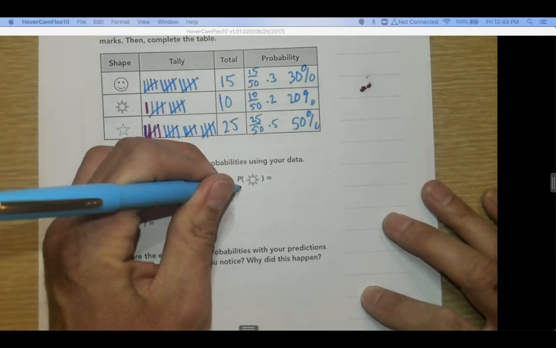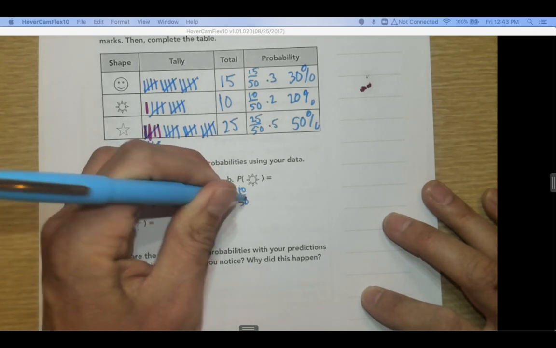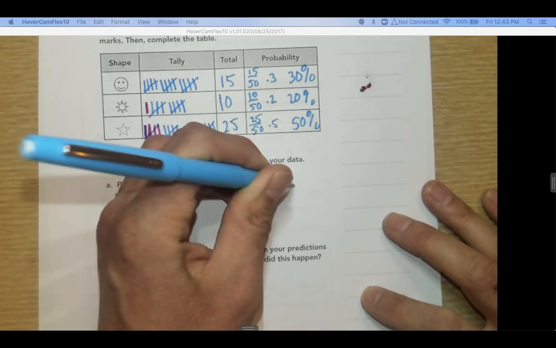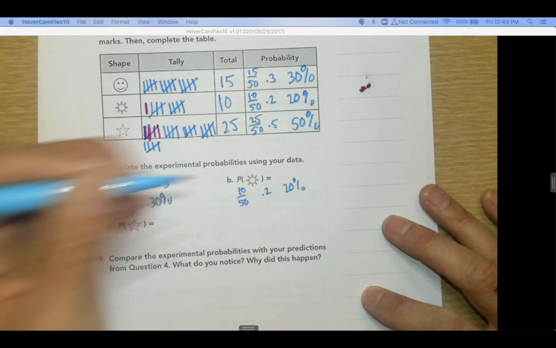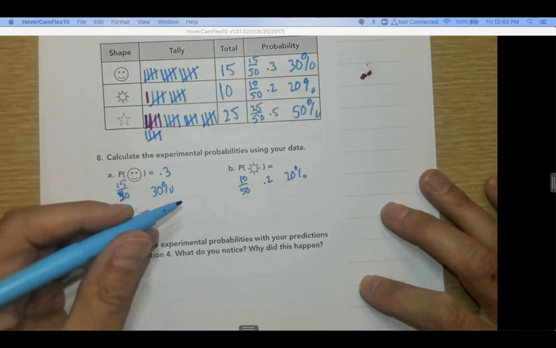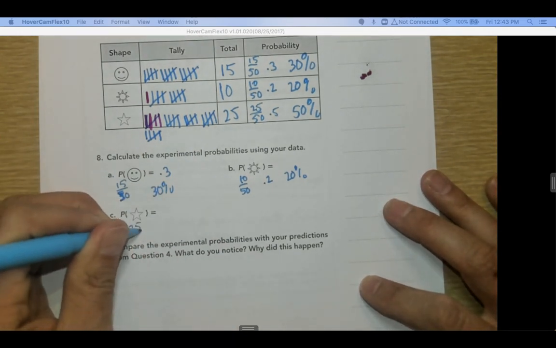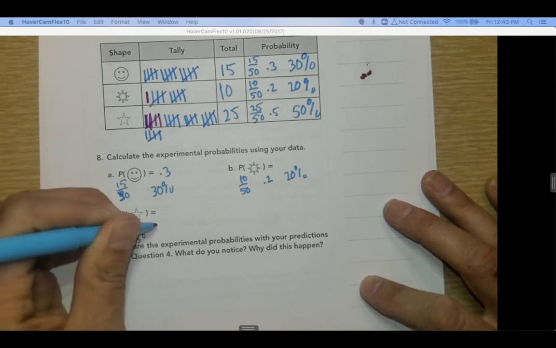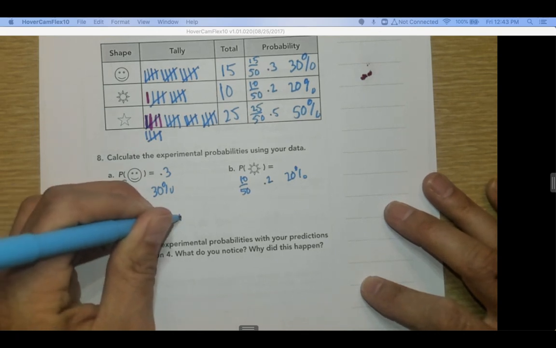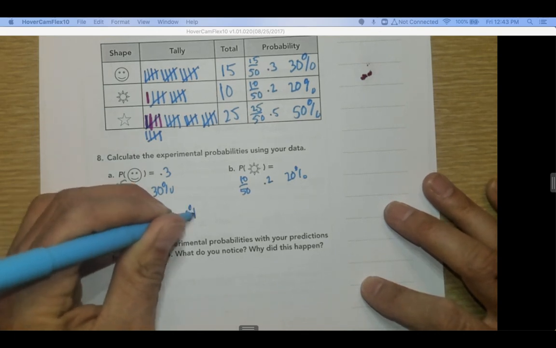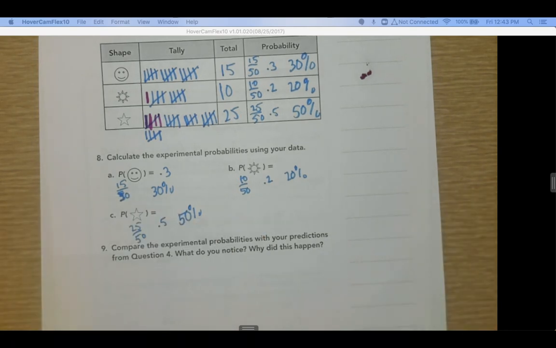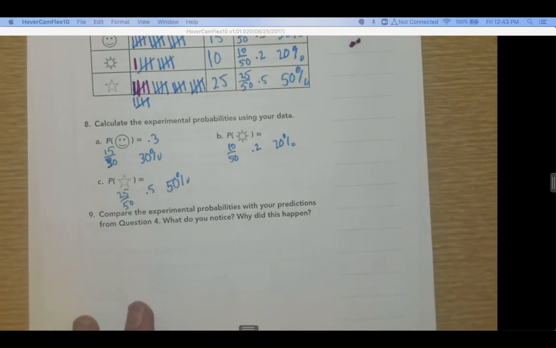The sun was 10 out of 50, which would be 20 out of 100, or 0.2 or 20%. Then the star was 25 out of 50, which would be 50 out of 100, which would be 0.5 or 50%. And then they add up to 100, so we're good to go.